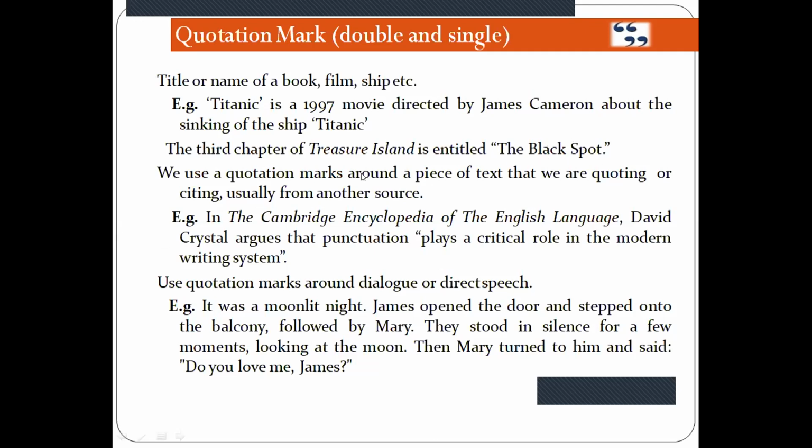We also use quotation marks around a piece of text that we are quoting or citing, usually from another source. In the Cambridge Encyclopedia of the English Language, David Crystal argues that punctuation plays a critical role in a modern writing system. This is quoted from the Cambridge Encyclopedia, the words of David Crystal.